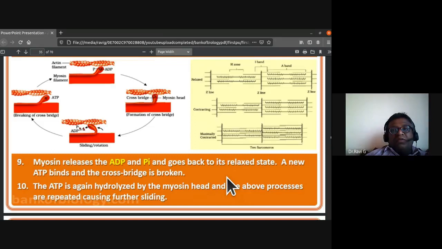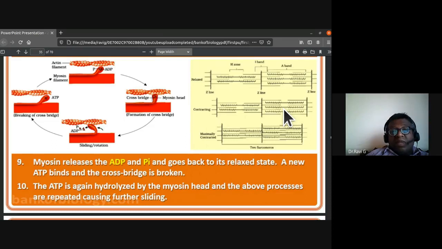Okay, so tropomyosin and troponin are present. One of the subunits of troponin is going to unmask the active binding site of actin. So that is what they are going to do. So finally, after this contraction, the disappearance of H zone.